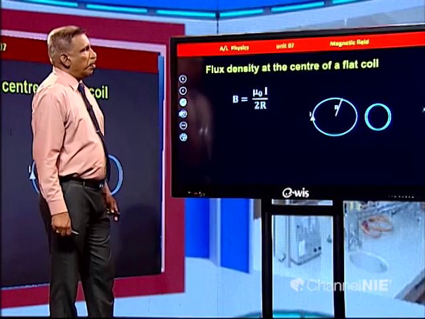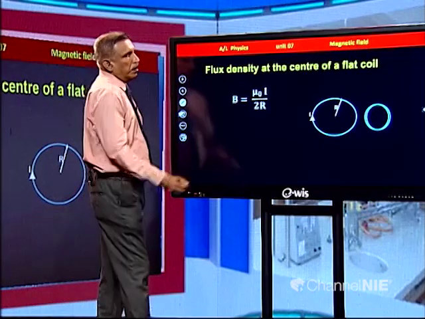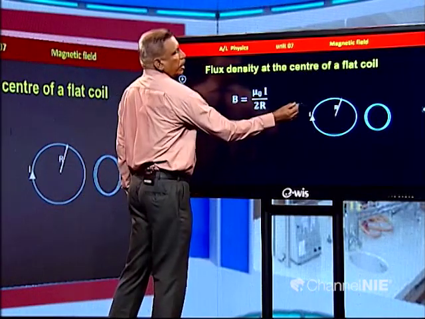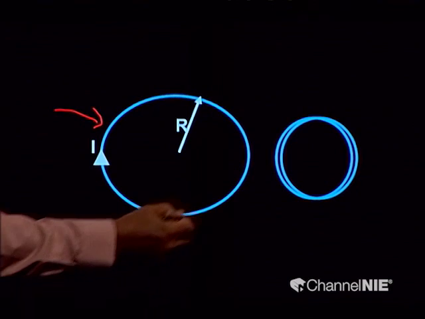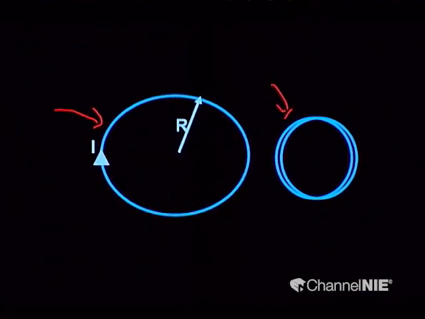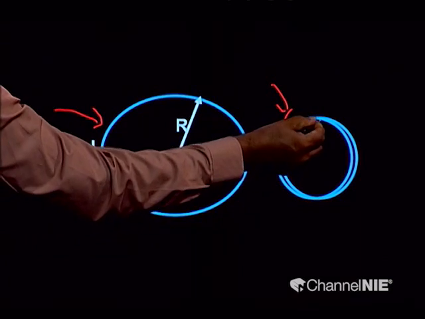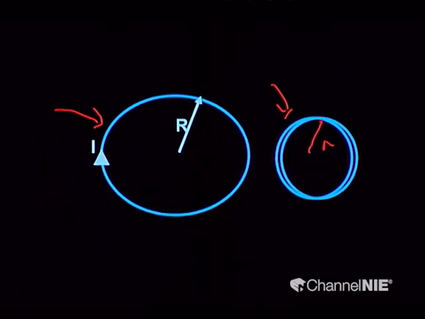See the picture for this sum. There is a single loop, and the current passes through it. This single loop is bent into 2 loops. Therefore, the radius must change.